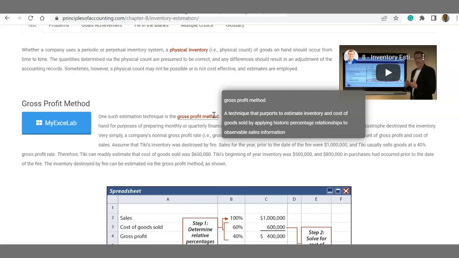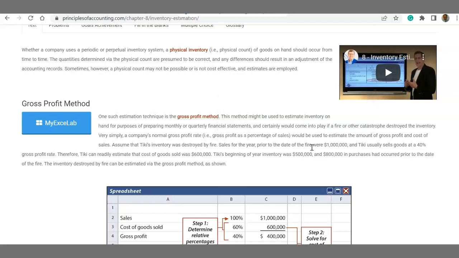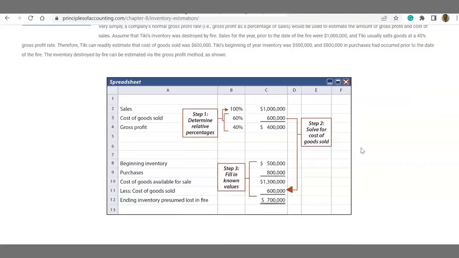It's a technique that reports the estimate of inventory and cost of goods sold by applying historic percentage relationship to observable sales commission. So let's see if we have a picture here. So sales is 100% obviously every time.